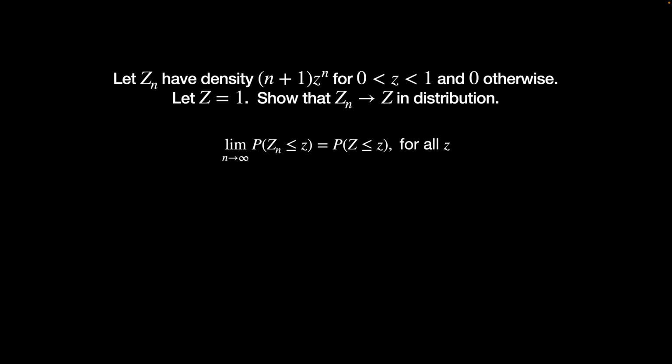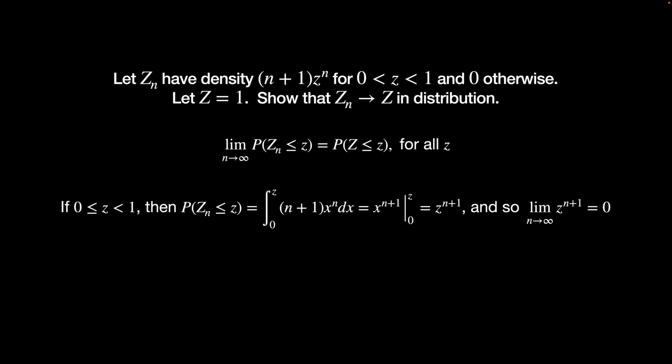If we first consider the case when z is between 0 and 1, strictly less than 1, then our cumulative distribution function is just our definition here. We're just dealing with the integral from 0 to z of our density on this interval.